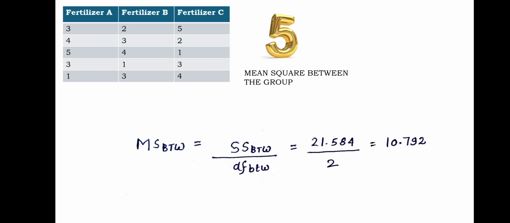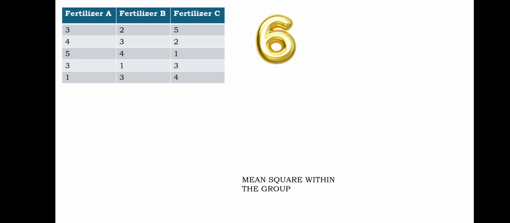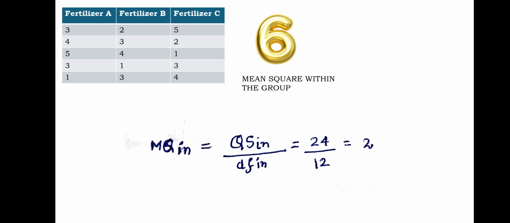It is a very crucial step, that is the fifth step. Now in the sixth step, you will find the mean of square within the group. The numerator is SSW, which we know from our previous exercise, that was 24.